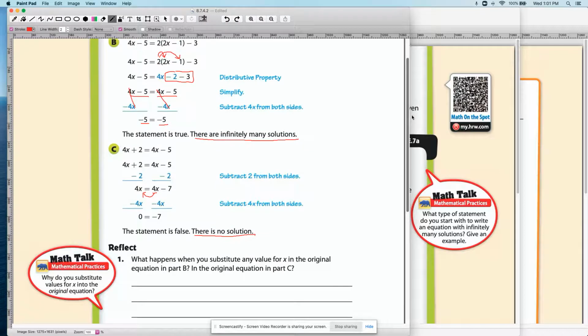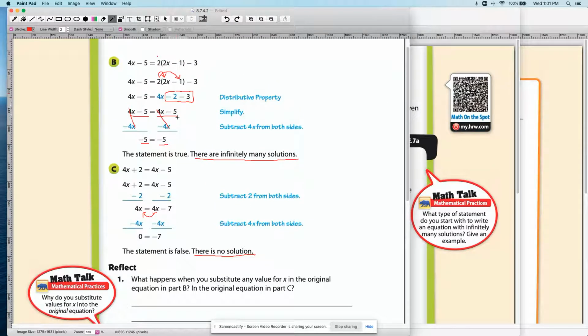So in part B, I'm going to say 4x minus 5 equals 2 times (2x minus 1) minus 3. And I can choose any number to plug in for x. And remember, there are infinitely many solutions. So I can choose any number.